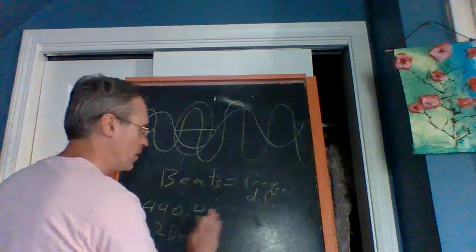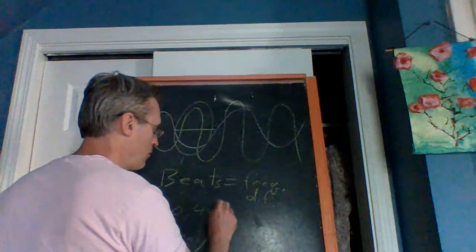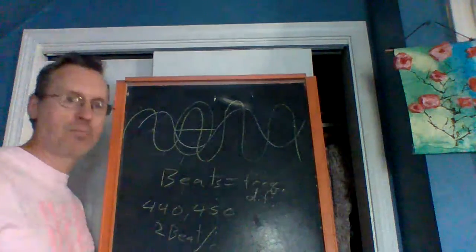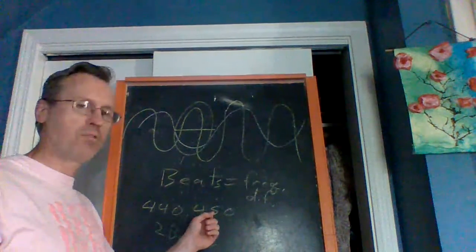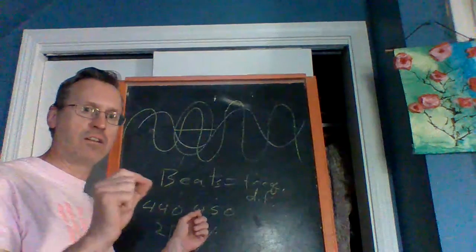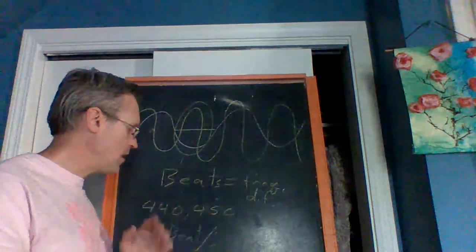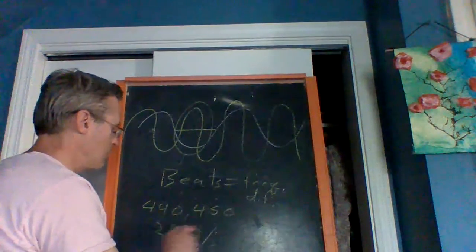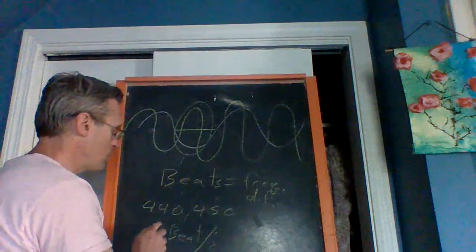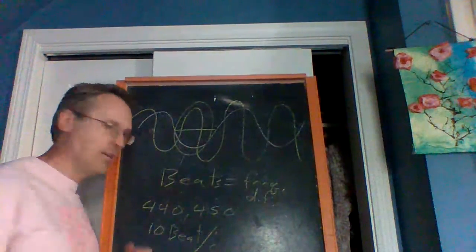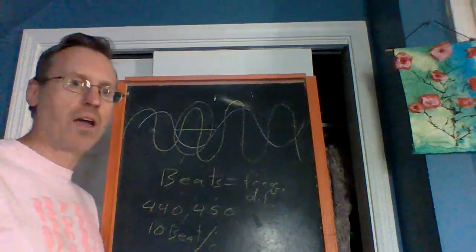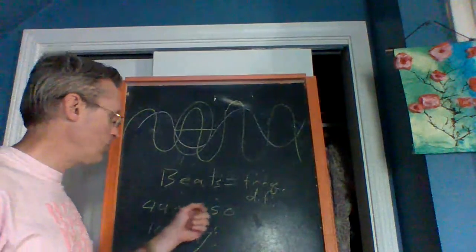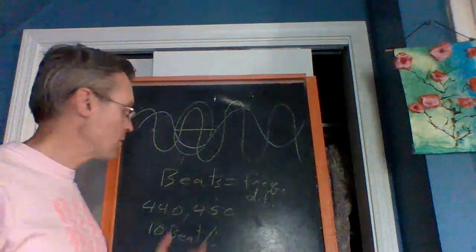If you were to do something like the 450 over the 440 and play around with it a bit, you notice this pulse is really, really fast. It does that because there's a 10 hertz difference between the two frequencies, and so you get 10 beats per second if you overlap these two frequencies.